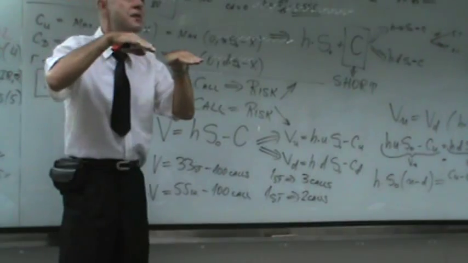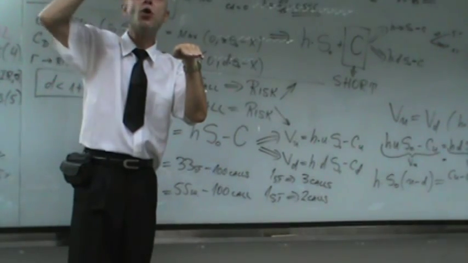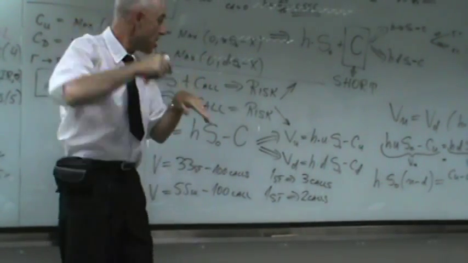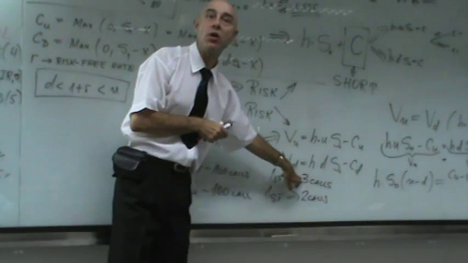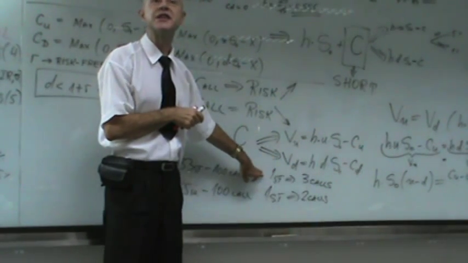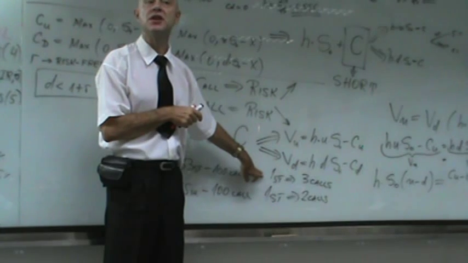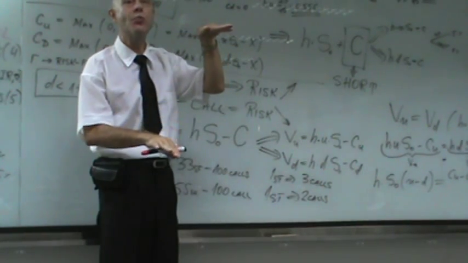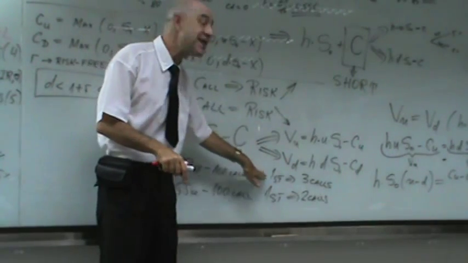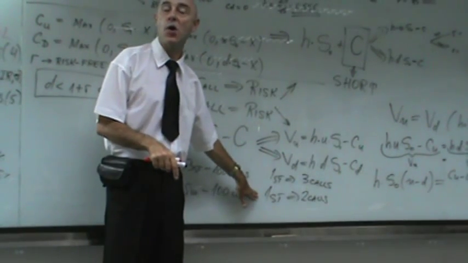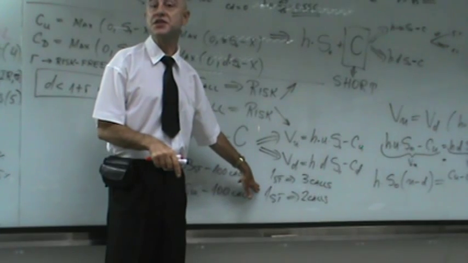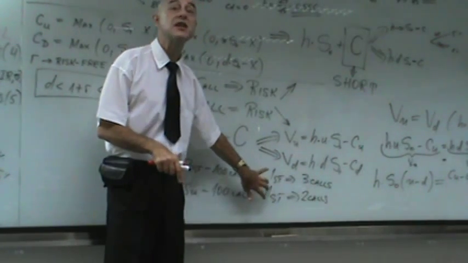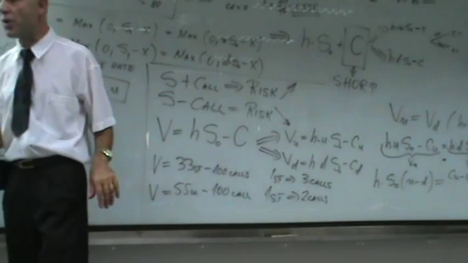So, you see, as the call becomes more out of the money, you need more calls to hedge the same number of stocks, okay? As the calls become more and more in the money, you need less and less calls to hedge a stock, okay? So that's a very important property.